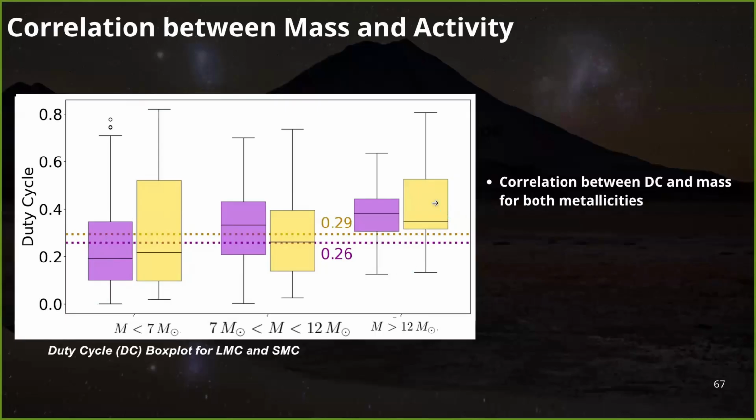More massive stars tend to show a larger duty cycle, so they spend more time losing mass. But we cannot see a clear correlation or contrast between both metallicities. And since the SMC statistics are low, we cannot infer that there is an important metallicity impact on those measurements here.